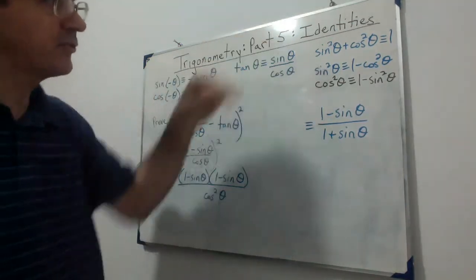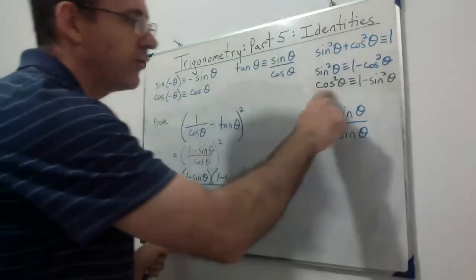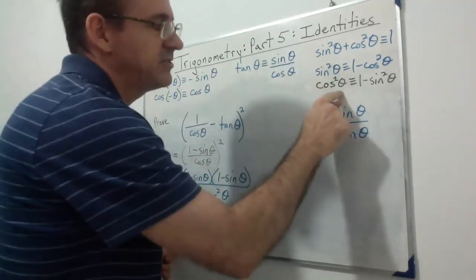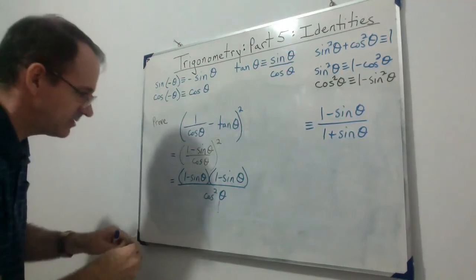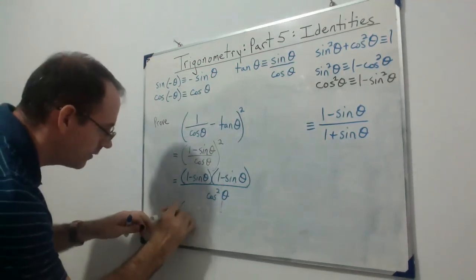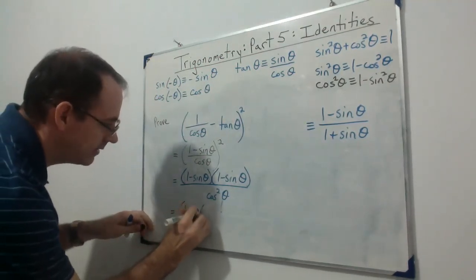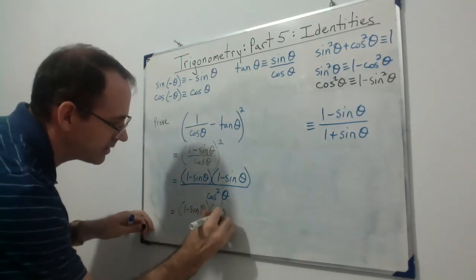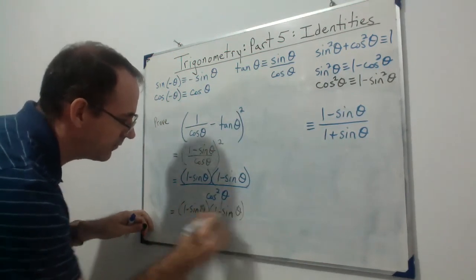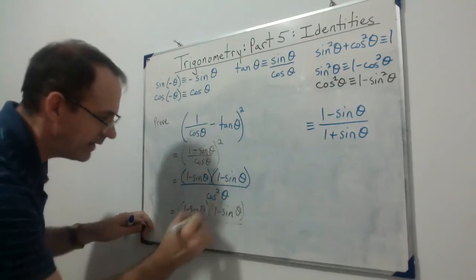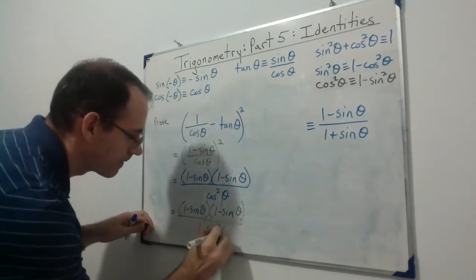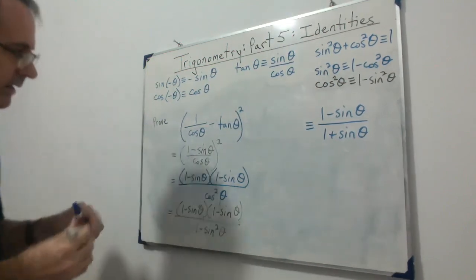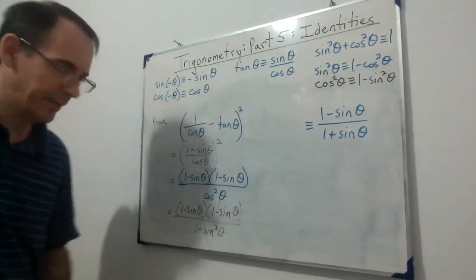So we go back to our identities and we look and go, yes, we have a cosine squared. We can replace it with 1 minus sine squared, so 1 minus sine theta. You got to be a little patient because sometimes you find yourself rewriting a lot of stuff over again. You got to be patient and do your line by line work.